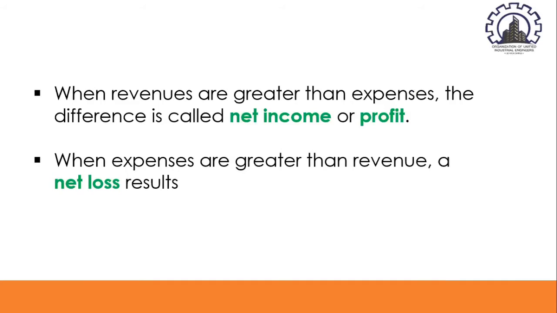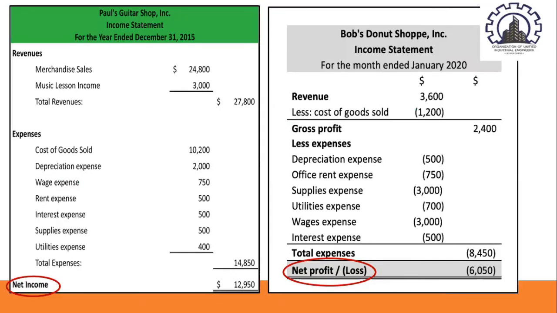So, in order for us to better understand that, I have prepared here two examples. The first example, which is in green one, on the left side, this is Paul's Guitar Shop Incorporated. Okay, that's the name of the company, followed by the name of the statement. In this case, we have income statement, and the next is the time frame for the year ended December 31st, 2015.